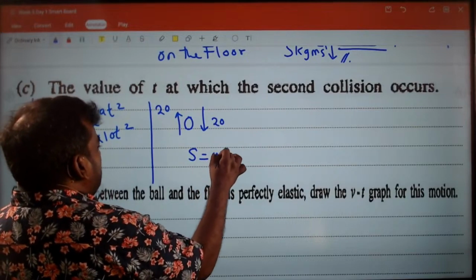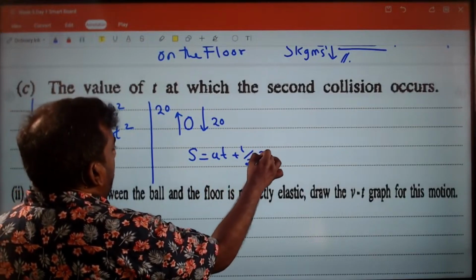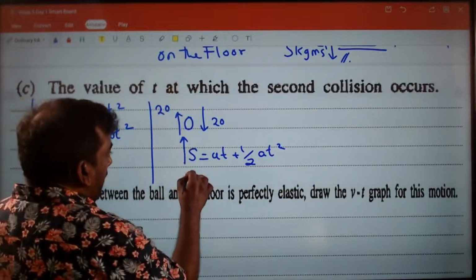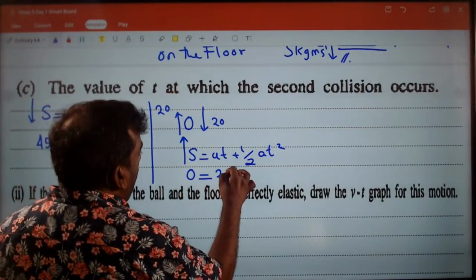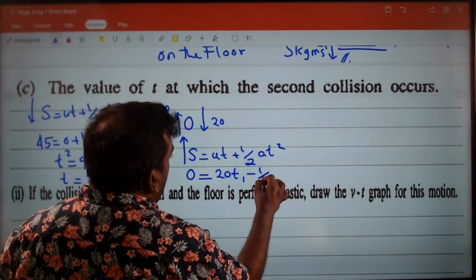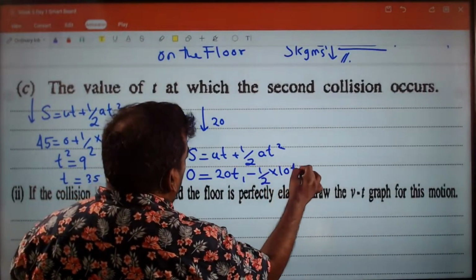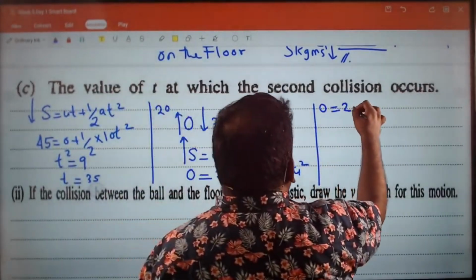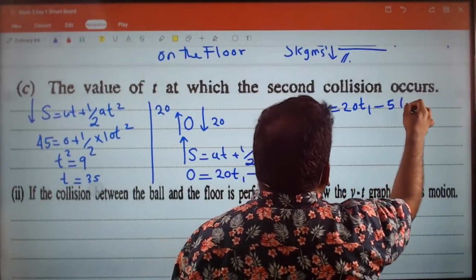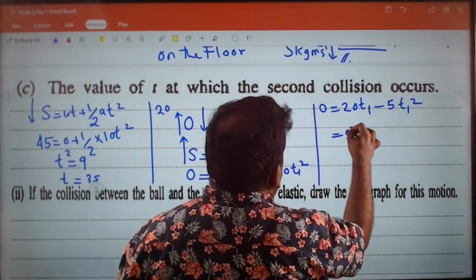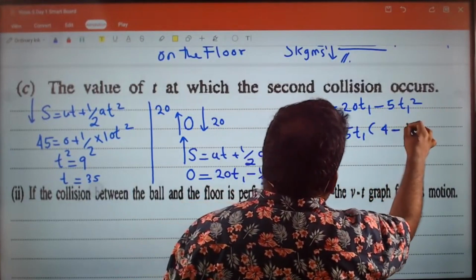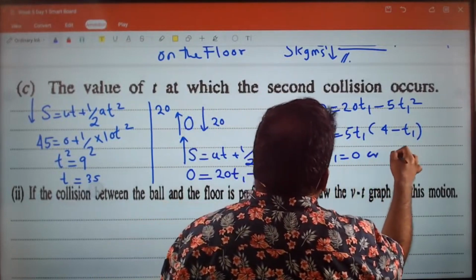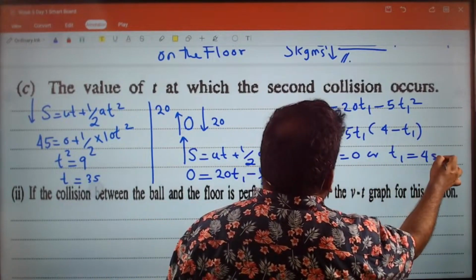S equals ut plus half at squared vertically upwards, going up and coming down, vertical displacement 0. 0 equals 20 t1 minus 5 t1 squared. 5 t1 common, 4 minus t1. t1 equals 0, t1 equals 4 seconds.